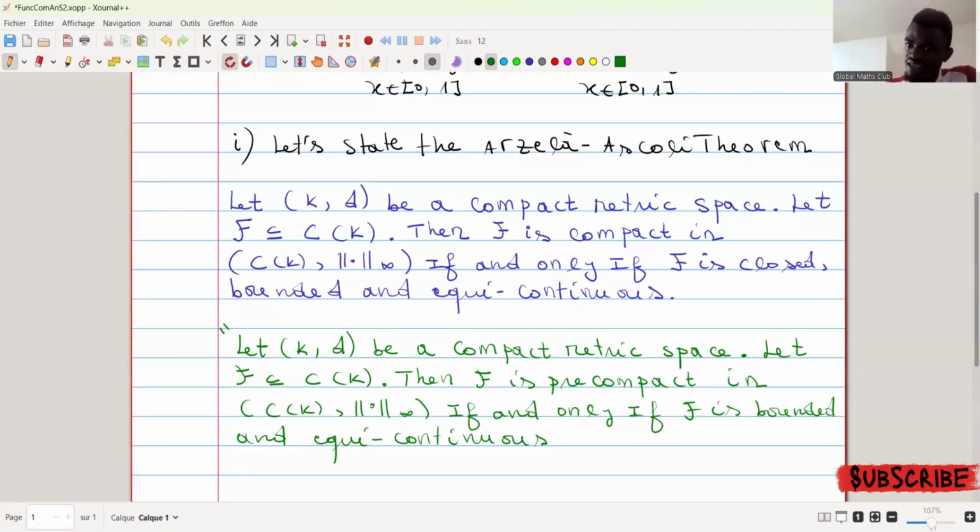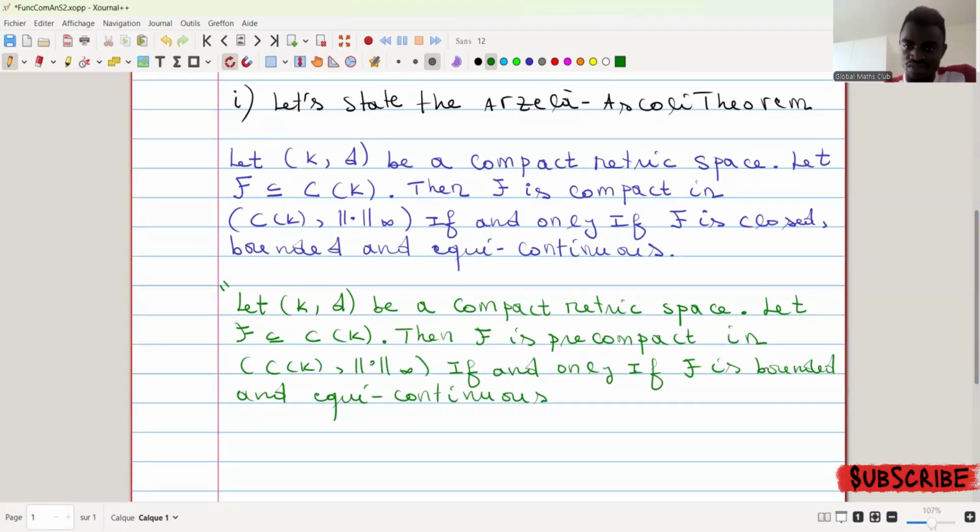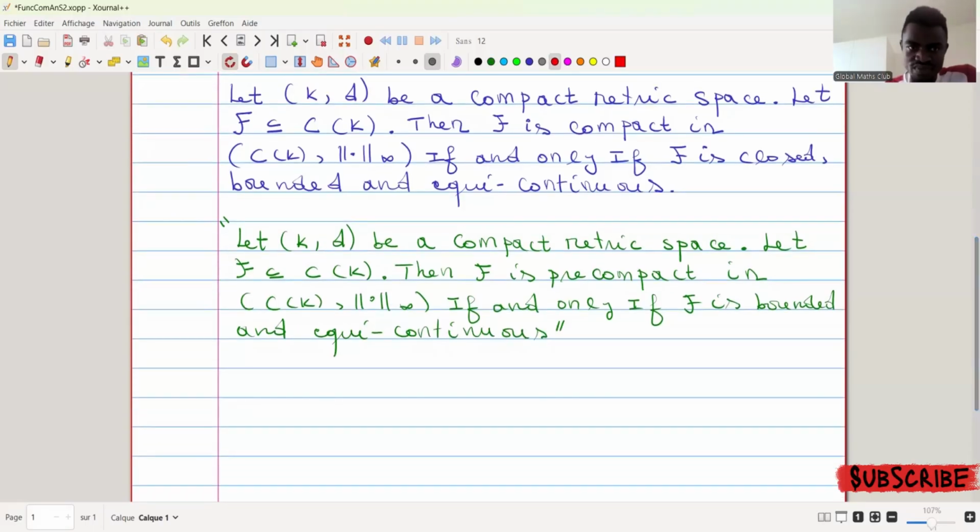Now, you know what it means to be bounded. It means that if you take any element in F, so any function in F, you just have to show that the norm is finite. Equicontinuous: I'm going to give the definition of equicontinuous for you.